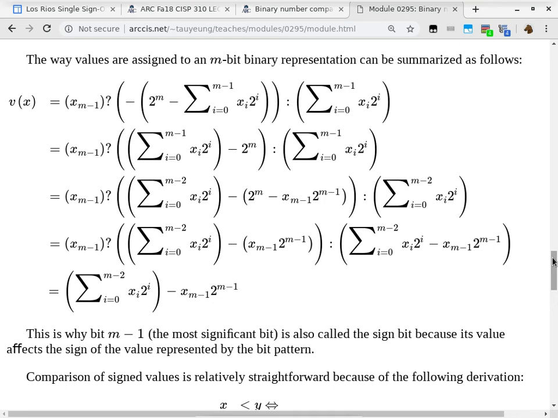Yep. But the most significant digit is at position m minus 1. m is actually 1 bit beyond the most significant digit. But we are subtracting 2 to the power of m as a quantity from this side to give us a negative value. How do we guarantee it is going to be a negative value?